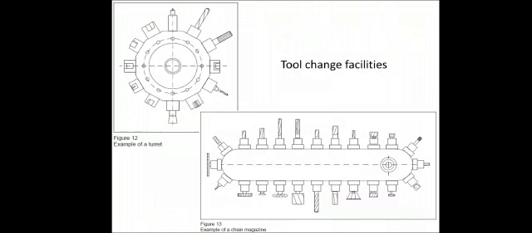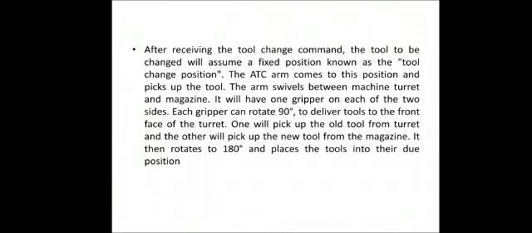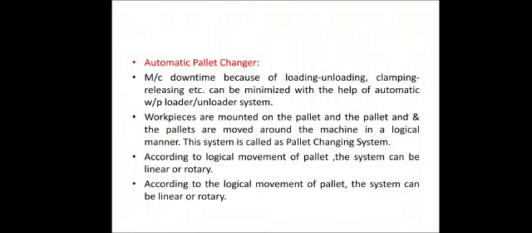Next point is automatic pallet changer. In this, machining downtime increases because of loading and unloading, clamping and releasing, which can be minimized with the help of this automatic pallet changer.